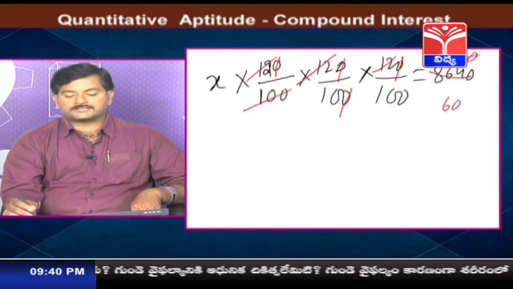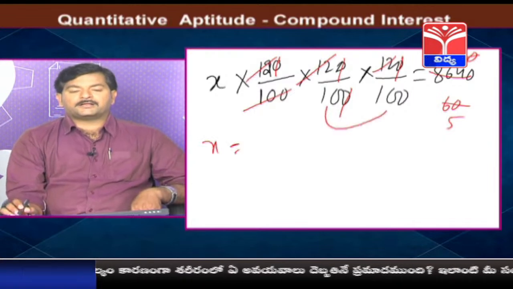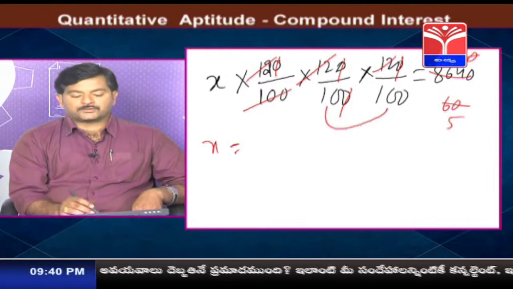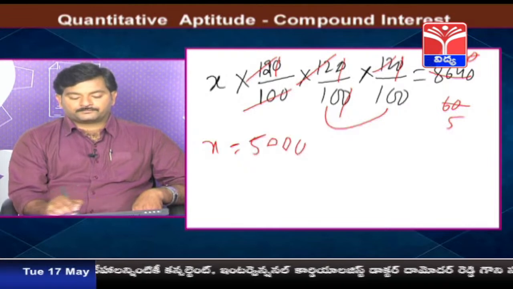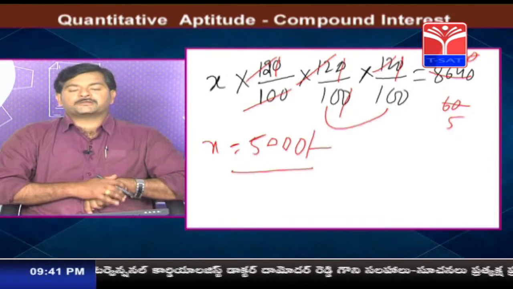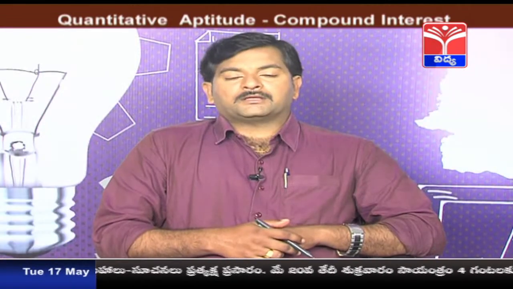Again 12 fives are 60. So x equals 100 into 10, 1000, 1000 into 5, which is 5,000 rupees.